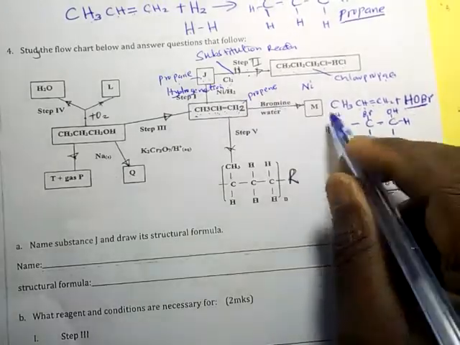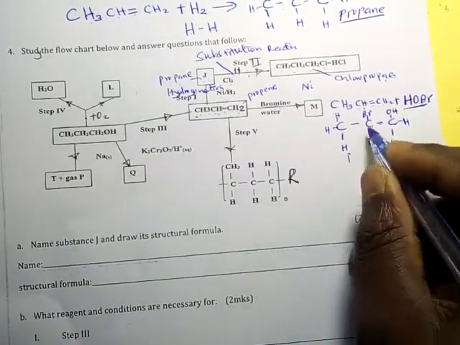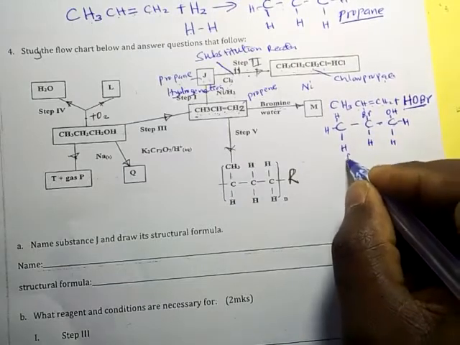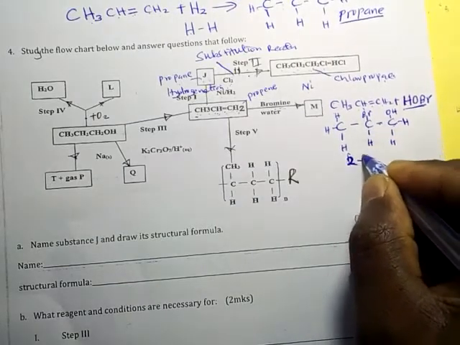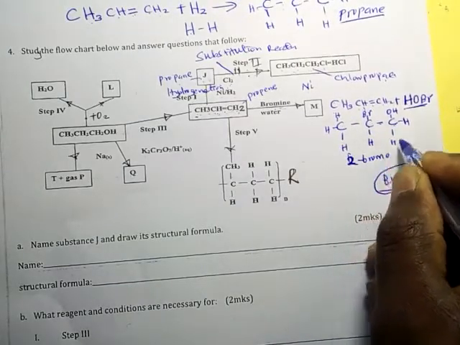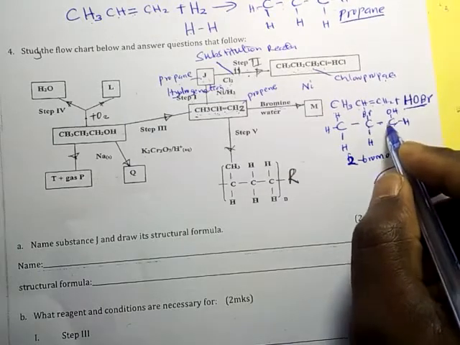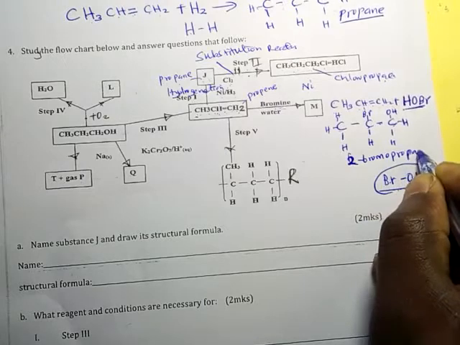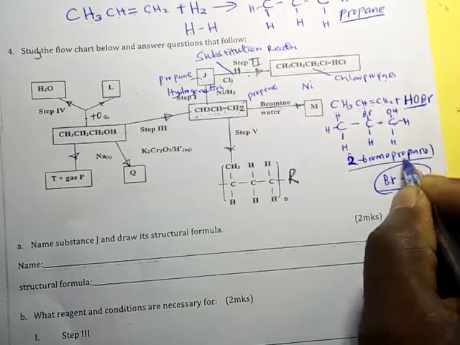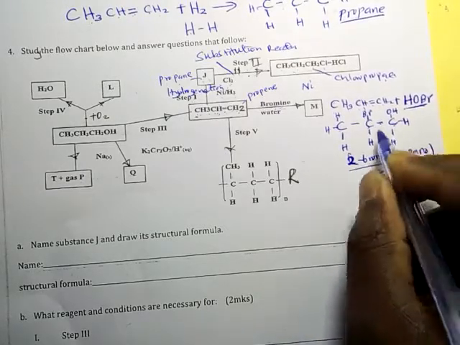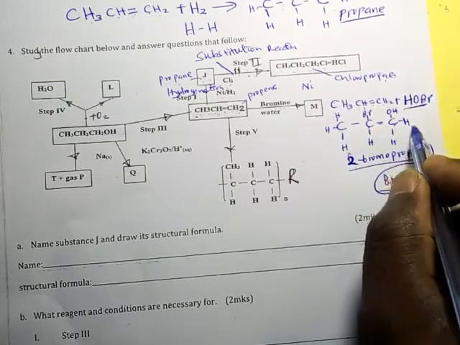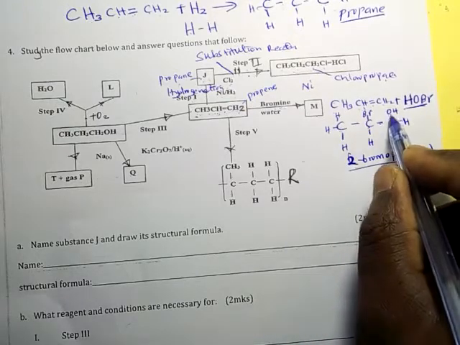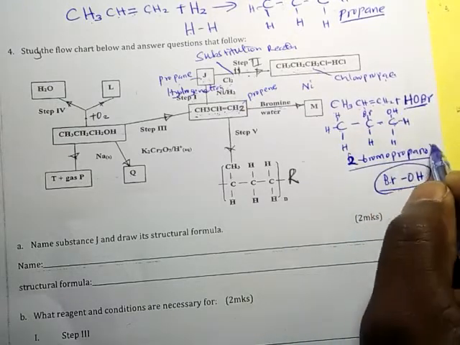We can say 2 bromo. 2 bromo, 1, 2, 3 propanol. 2 bromopropanol, because we have 3 carbons. 1, 2, 3. Now this one becomes an alcohol, OH, propanol.